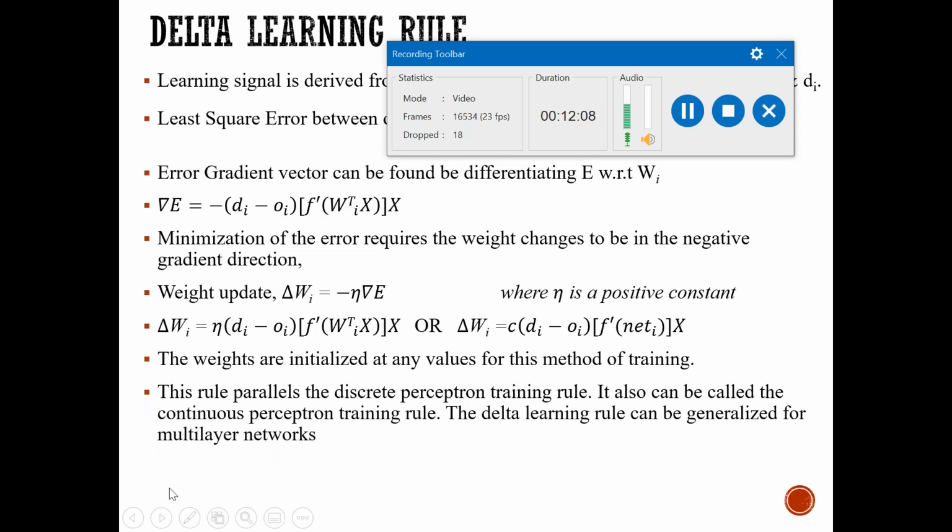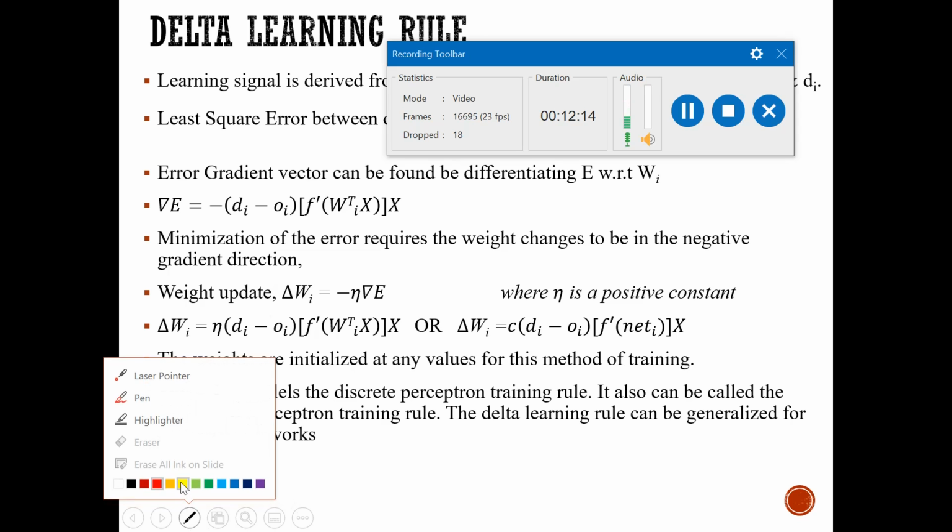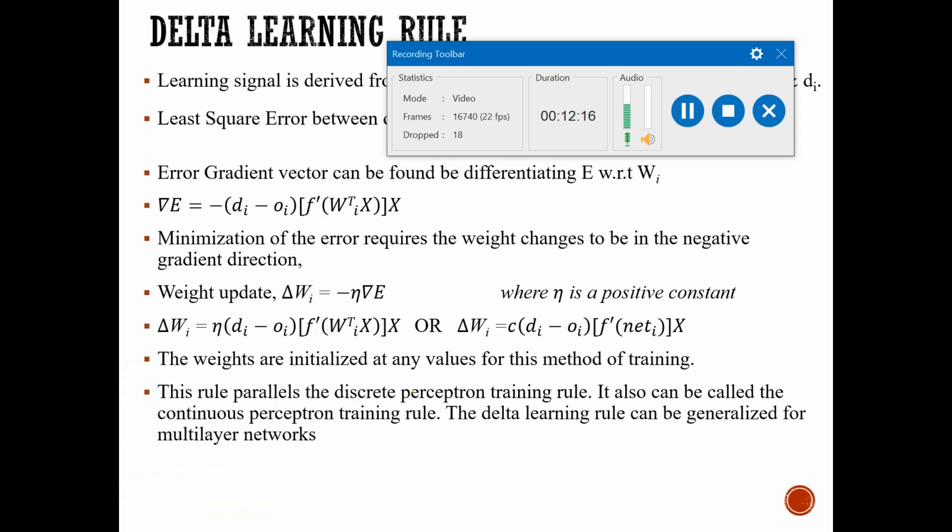Now this delta learning rule parallels the discrete perceptron learning rule. So the way you have the perceptron learning rule for the discrete perceptron, that is your bipolar or unipolar binary perceptron, similarly we can have a rule for the continuous perceptron, and this is nothing but the delta learning rule.